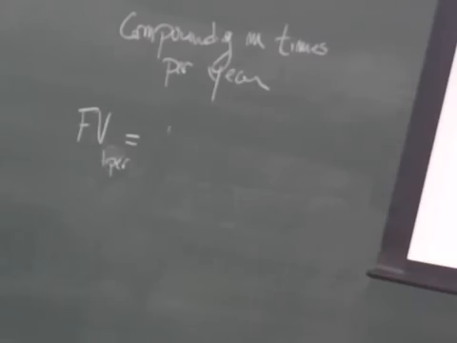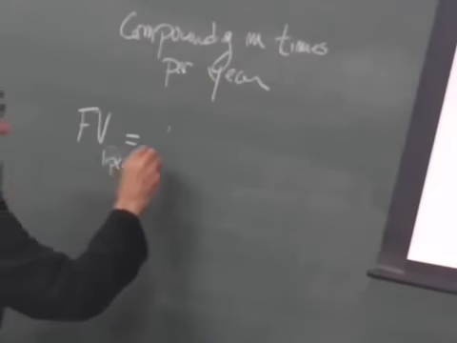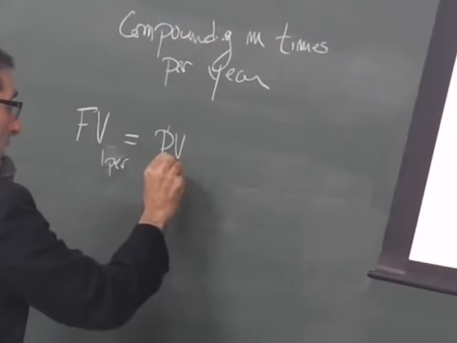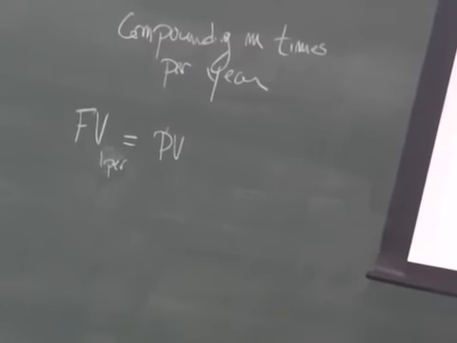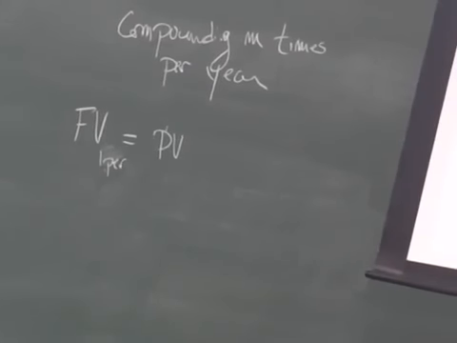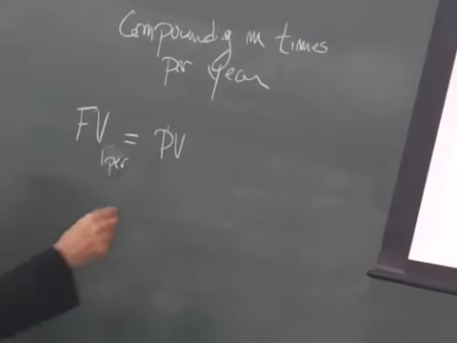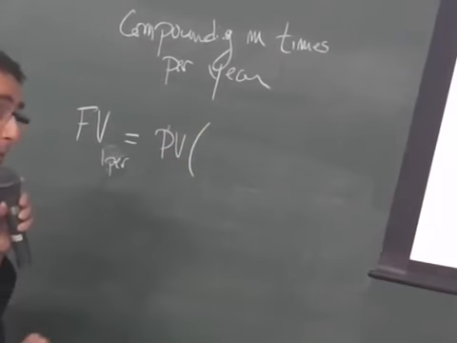So it's basically just the simple interest formula. In other words, it's the present value, and I'm just going to use PV for the present value, times what?